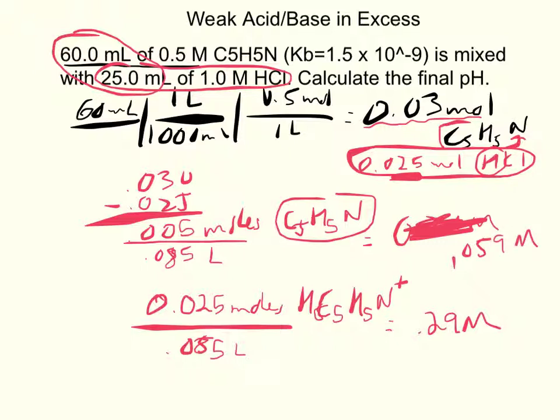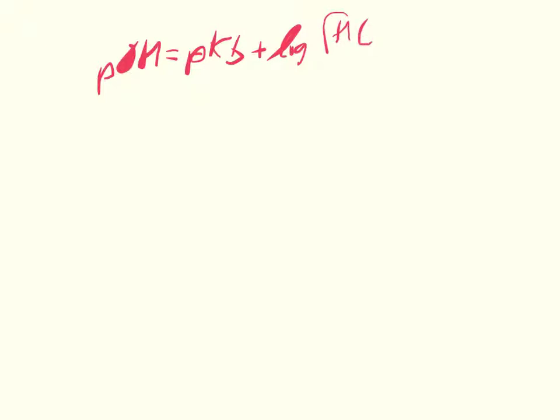So now with these two quantities, I can just plug them into the Henderson-Hasselbalch equation because I know how much acid and conjugate base I have. So we know that pOH is equal to pKb plus log of HC5H5N plus over C5H5N.